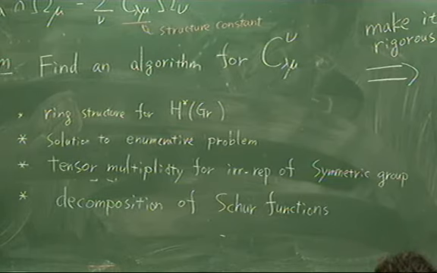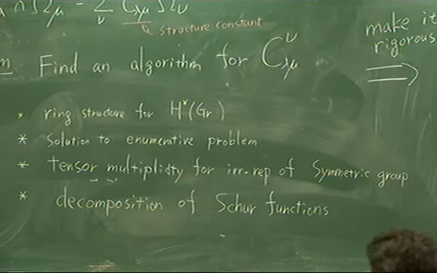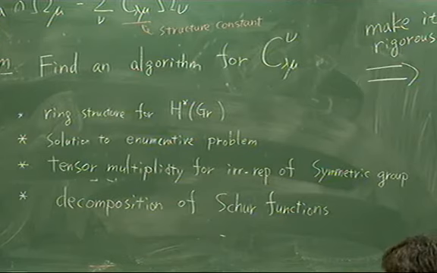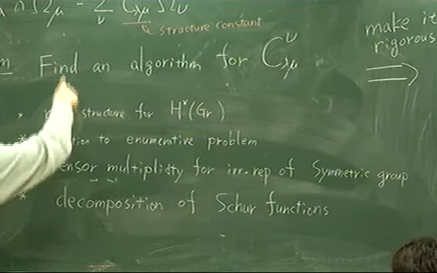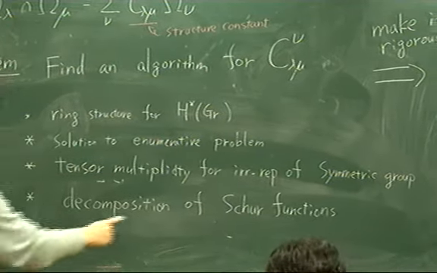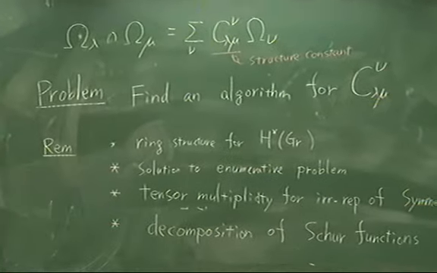And the problem here is, if you multiply two Schur functions, or if you are given some symmetric function, can you give a decomposition of the given symmetric function into Schur functions? So this structure constant also solves this problem.